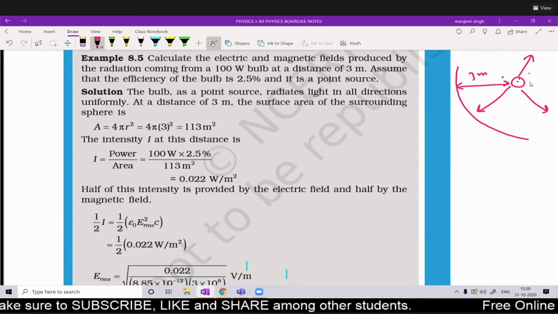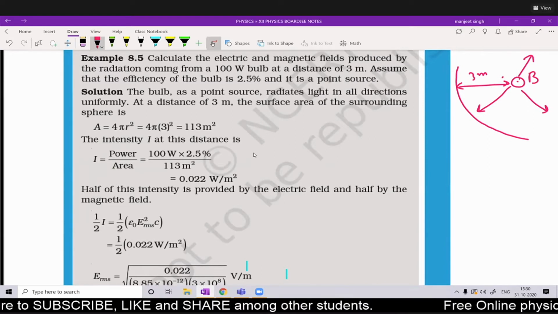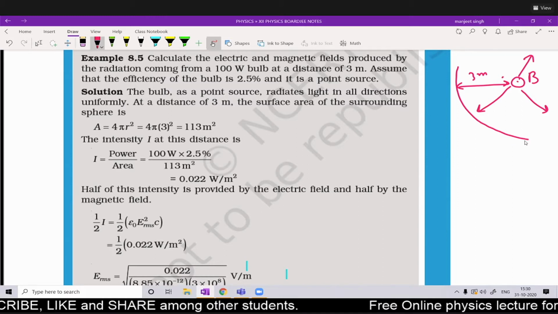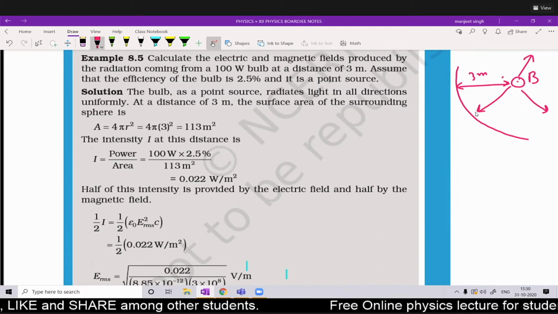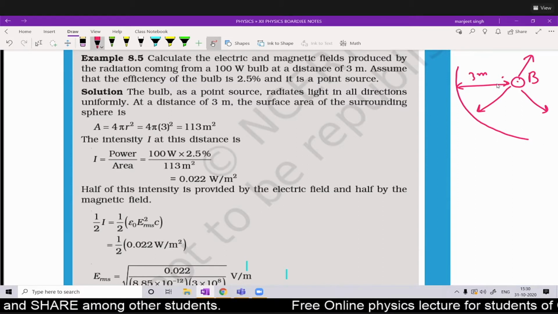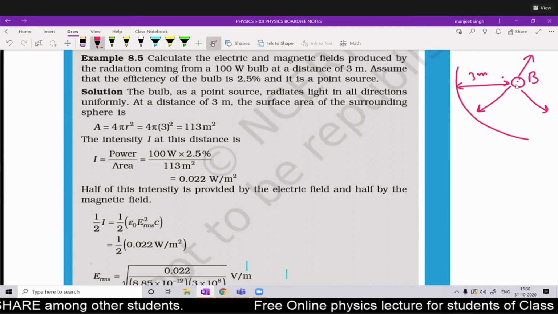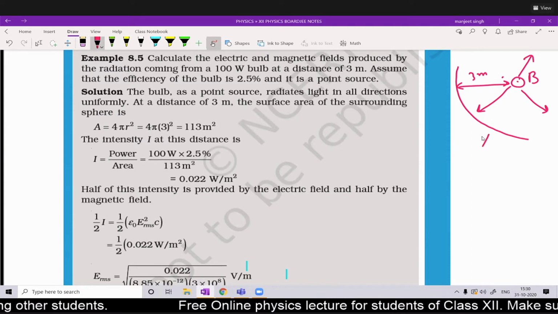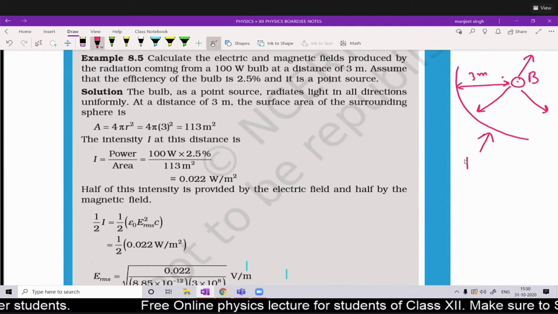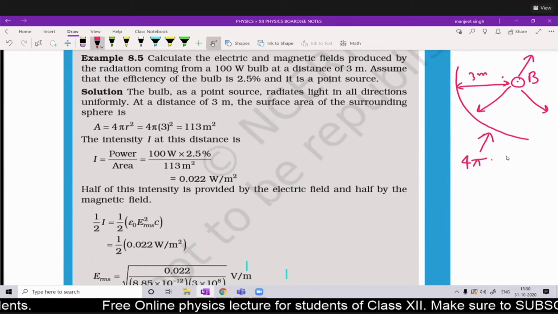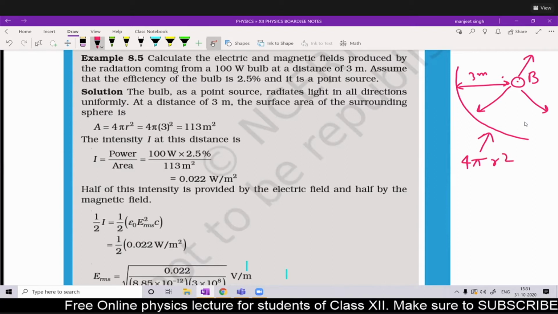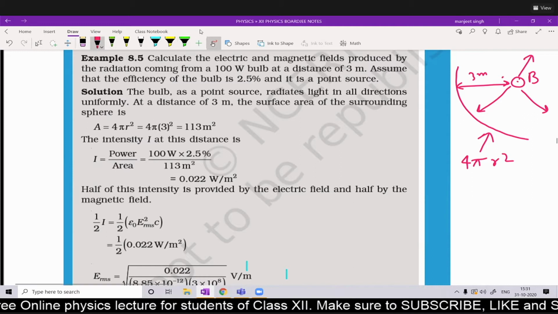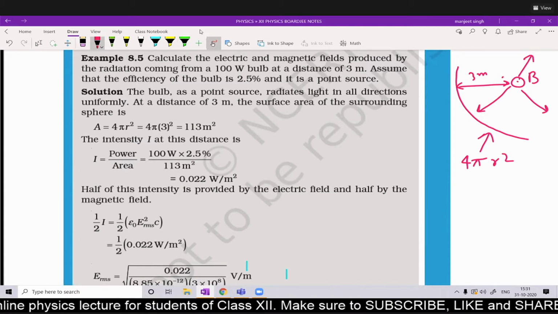The bulb is a point source of light, and the area of the surface through which this radiation passes, of radius 3 meter sphere, will be 4 pi r square. So this sphere will have area 4 pi r square. Through this surface the radiation will be spreading in all the directions.